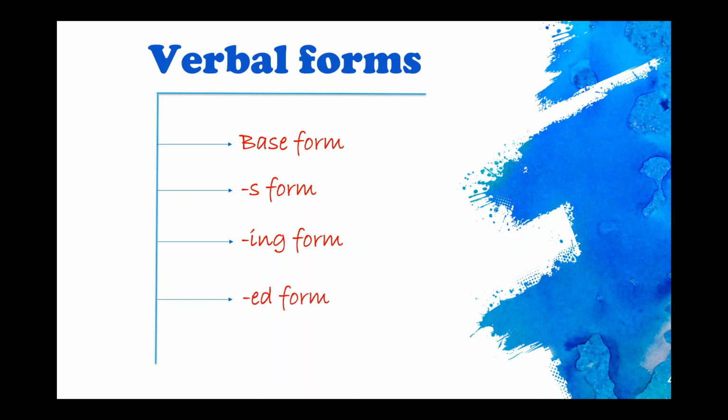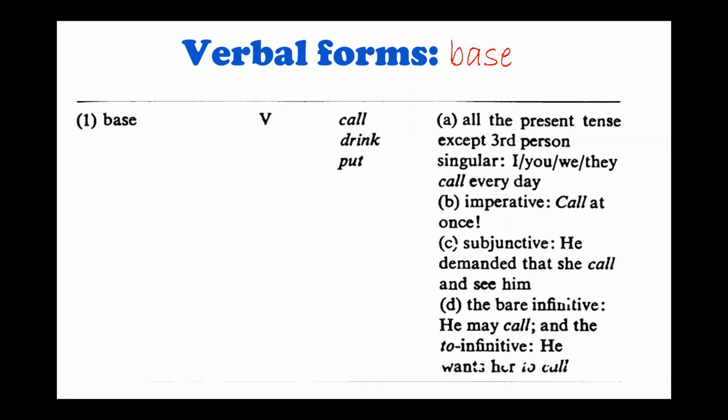The ed form could be the ed past tense, when we add an ed to the verb to express the past tense, or it could be the ed past participle. And each of these forms is used in different contexts. Let's go over these forms one by one and see in which contexts they are used. Let's start with the base form.